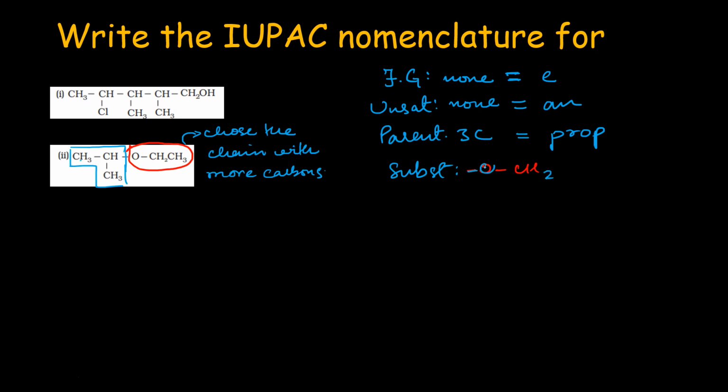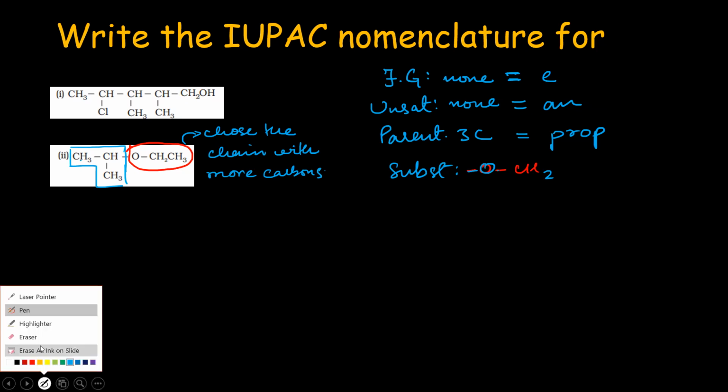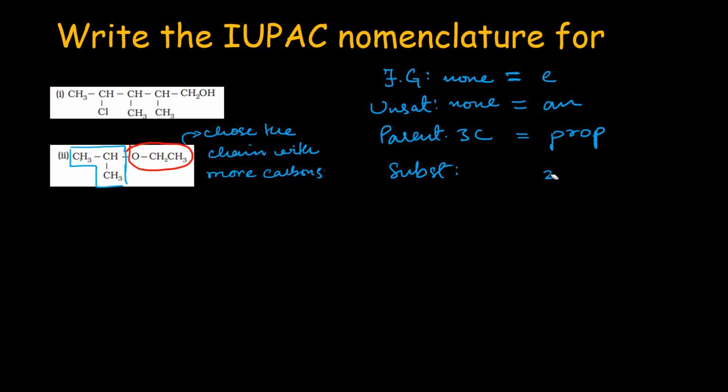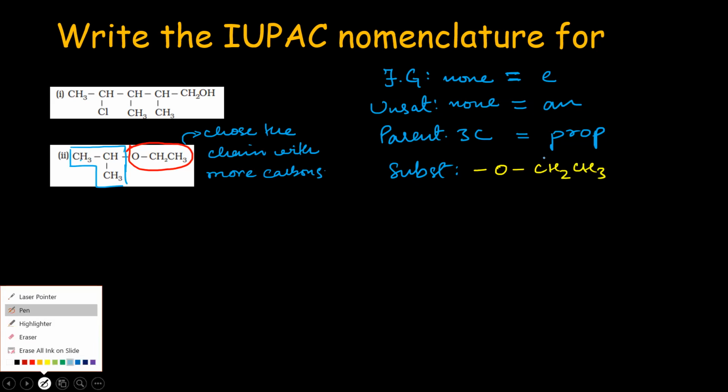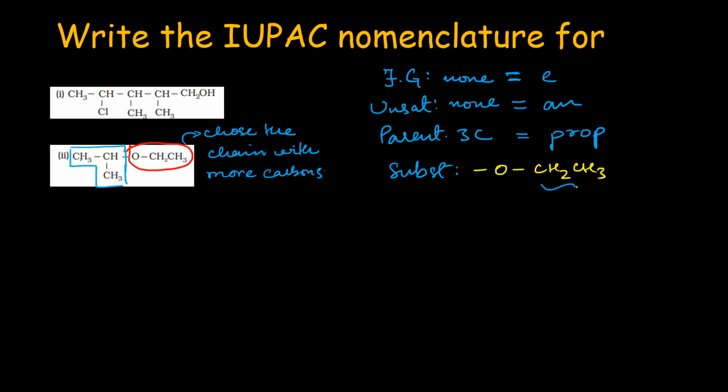You have O, CH2, CH3. Naming this is very easy, don't worry. What is the word for 2 carbon atoms, guys? It is not ethyl; for 2 carbon atoms, it is eth.